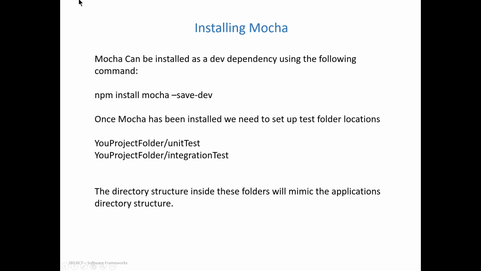Mocha can be installed as a dev dependency using the following command. This is on our server-side Node application. We can do npm install mocha with --save-dev, which saves it as a development dependency rather than a production dependency.